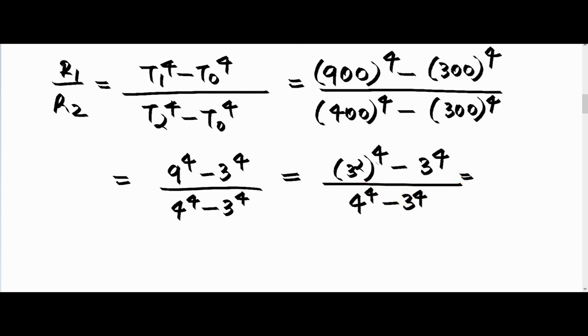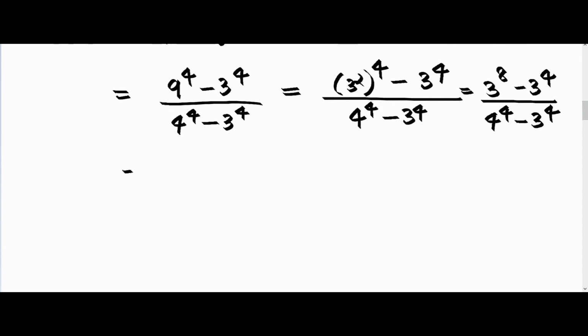So 3 squared raised to 4 becomes 3 raised to 8, minus 3 raised to 4 upon 4 raised to 4 minus 3 raised to 4. This 3 raised to 8 we can write as 3 raised to 4 into 3 raised to 4, bracket of 3 raised to 4 minus 1, and so on.